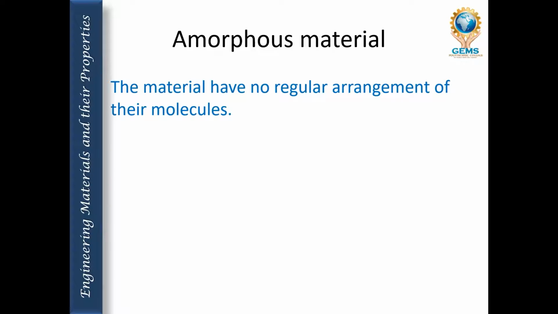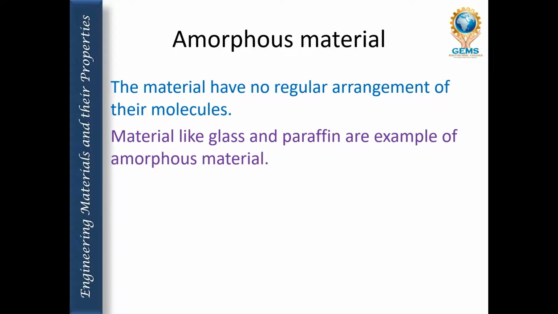It could be used as a glass. So amorphous materials are those that have no detectable crystalline structure. Materials like glass and paraffin are examples of amorphous material. These are the best examples because they don't have a detectable crystal structure.